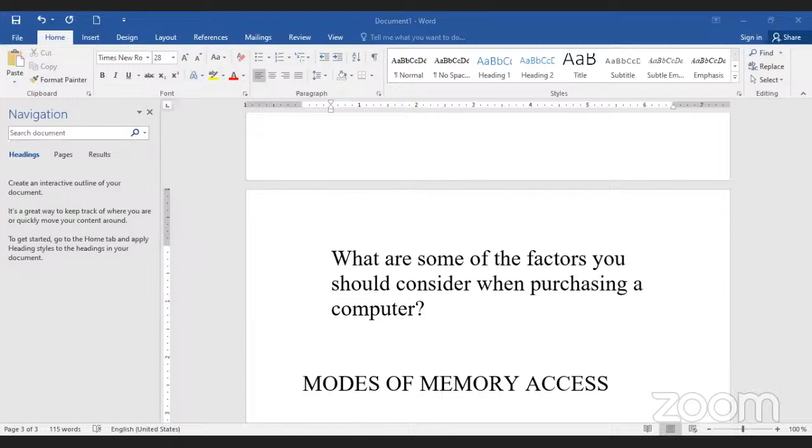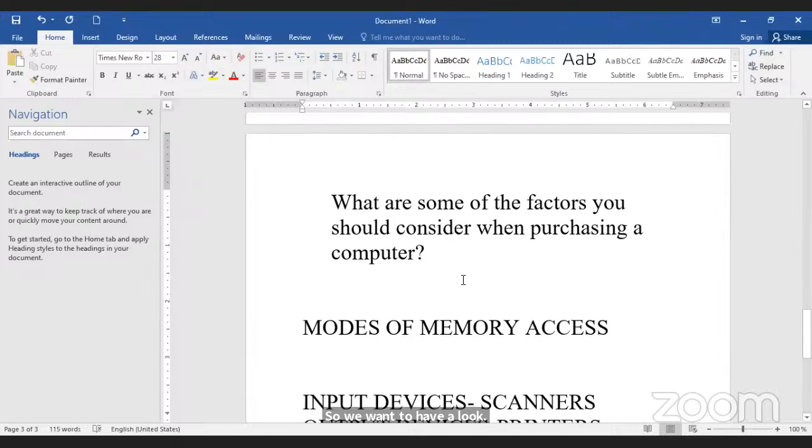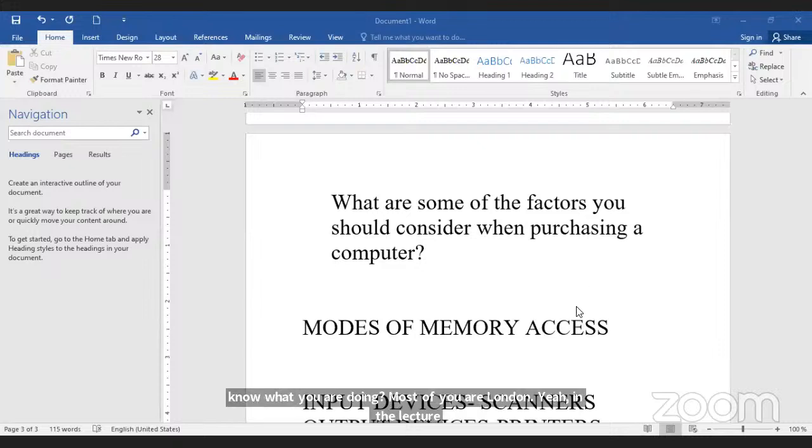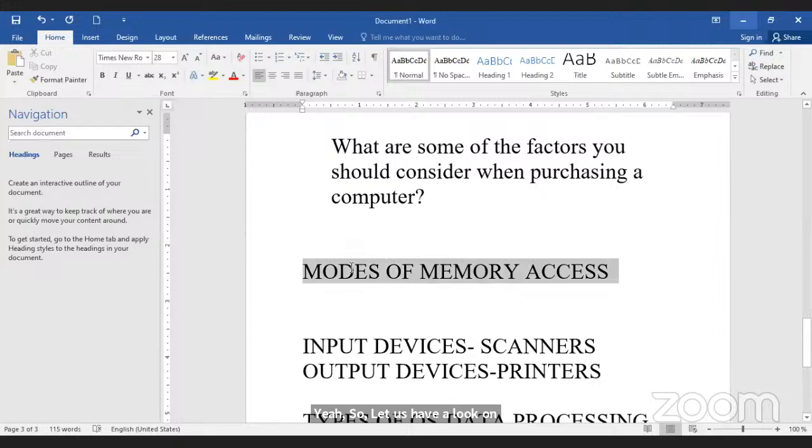So we want to have a look at, yes, I have seen most of you know what you are doing. Most of you are learned. You are intellectual guys. So let us have a look at how a computer accesses storage, how a computer accesses memory.